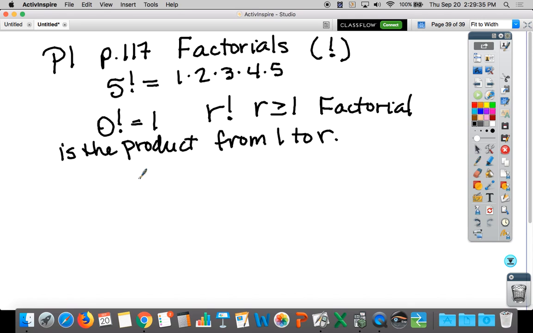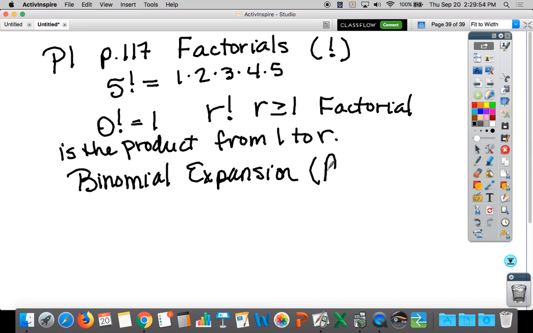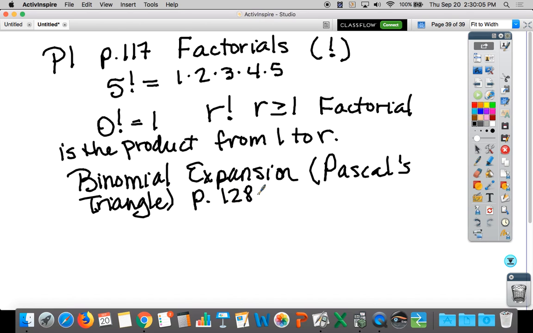But we're going to get into Pascal's triangle or binomial expansion. Pascal's triangle begins on page 128.